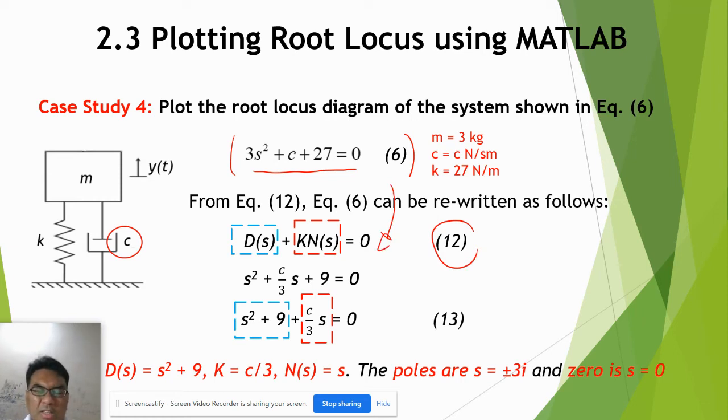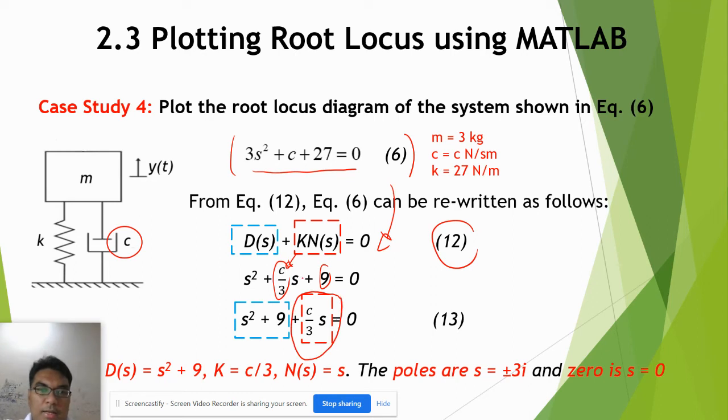You move 3 here, so it becomes s squared plus c divided by 3 s, and 27 divided by 3 is equal to 9. From this you know that this is the k parameter, so you can rearrange it by taking the gain parameter alone here.